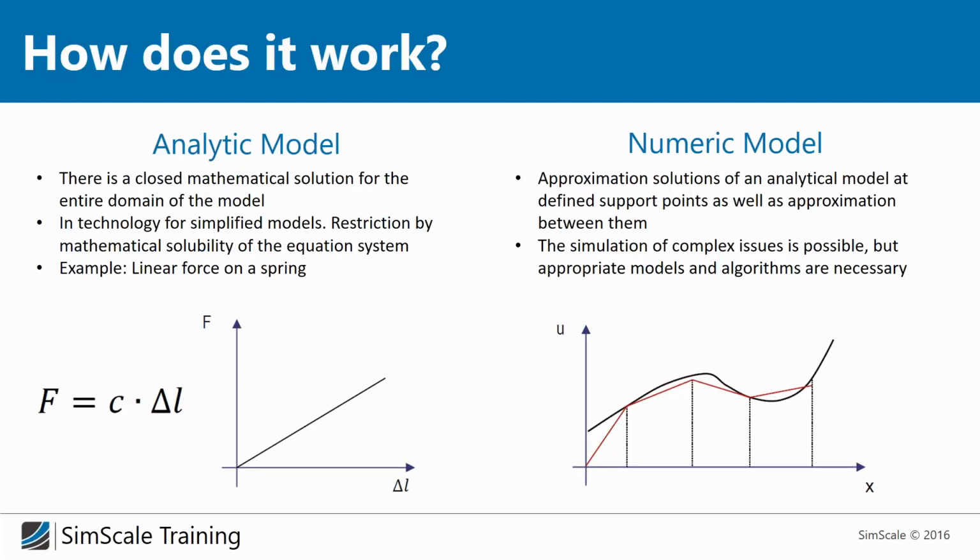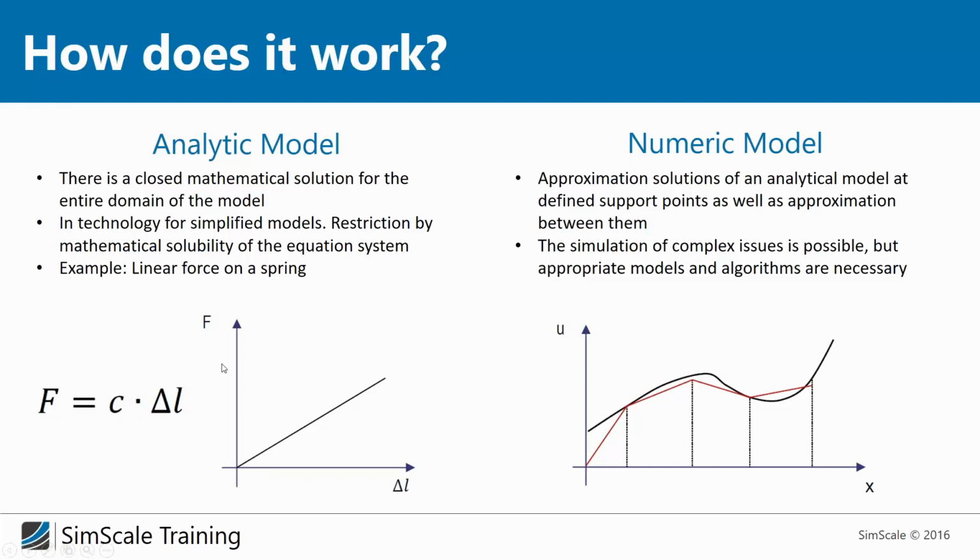The easiest example is a linear force on a spring. Just imagine you have a spring, and you can remember this kind of experiment at school, and then you apply a load on one end of the spring, and you try to measure the elongation of the spring, and then you plot it.